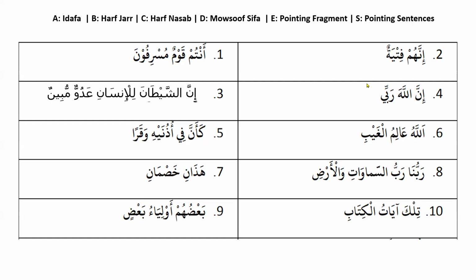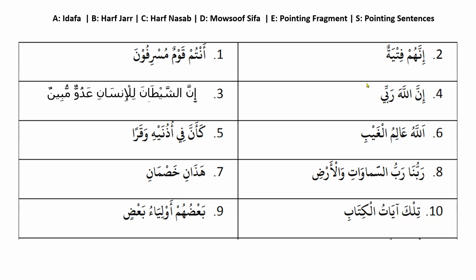Okay, next one, brother Mizan, you want to answer this? Number 6. Allahu alimul ghaib. It's a very easy one. Meaning Allah knows the unseen. So that's the meaning of it. So is there any fragment there?